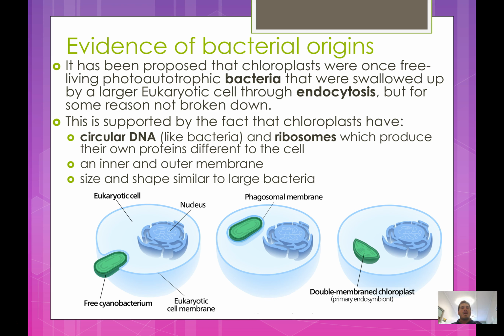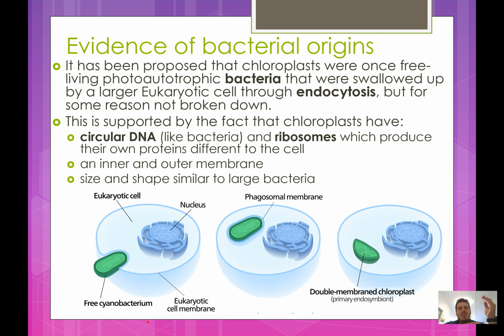One day, though, a big eukaryotic cell, a big complex cell, actually swallowed up a chloroplast, a chloroplast bacteria. But instead of breaking it down and eating it, this cell for some reason decided to take on that chloroplast.